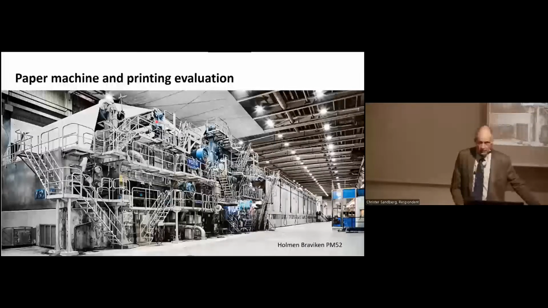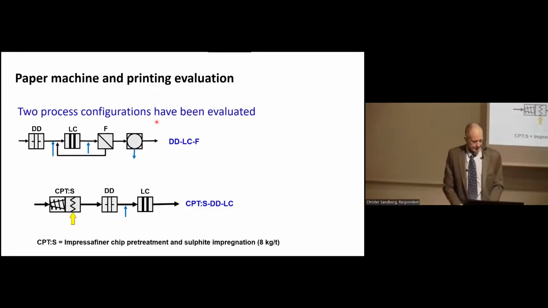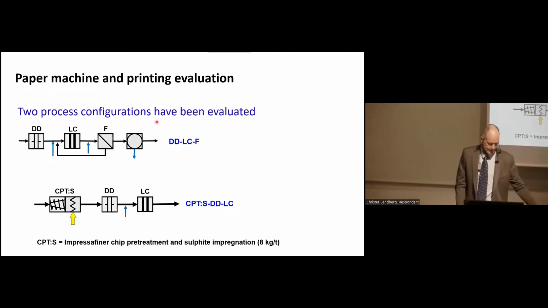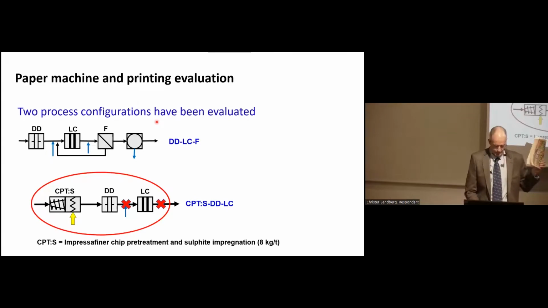Okay, so now over to the paper machine trial. There were two configurations, as I said, evaluated, and this paper was made with this configuration: chip pre-treatment with sulfite, DD refining, LC refining.